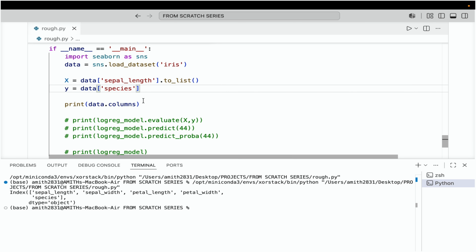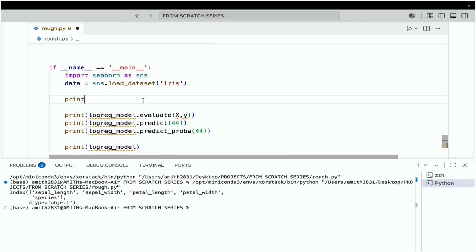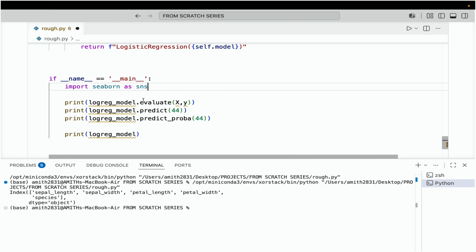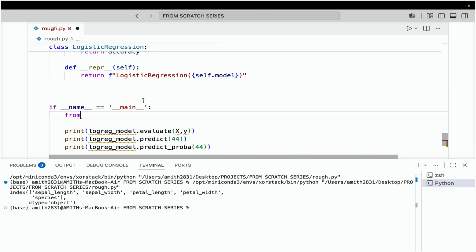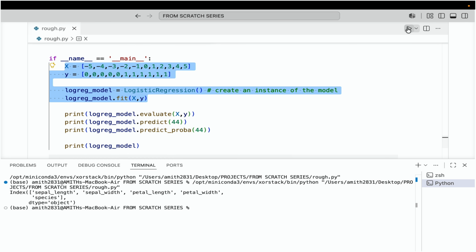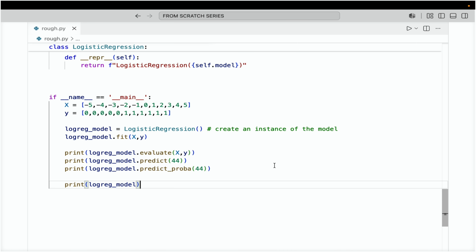All right. I'll just stop it at this because Iris is a multi-class classification problem, and currently my implementation is meant for binary class classification. Yeah. So this was it. Implementation of logistic regression from scratch.